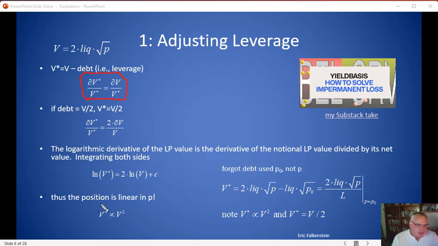But you can tell he's wrong because at one point at the end he says, "Well, I can make this portfolio that's proportional to the LP position squared." And then elsewhere in his proof, he had the value of his levered LP position equal to the notional value of the LP position divided by 2. So that's a contradiction.